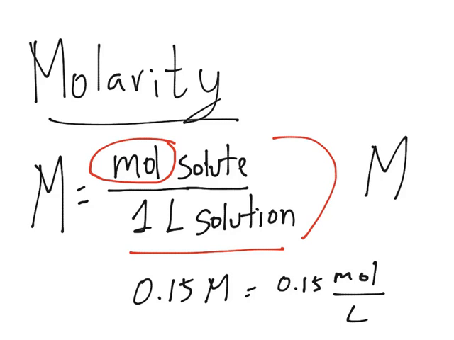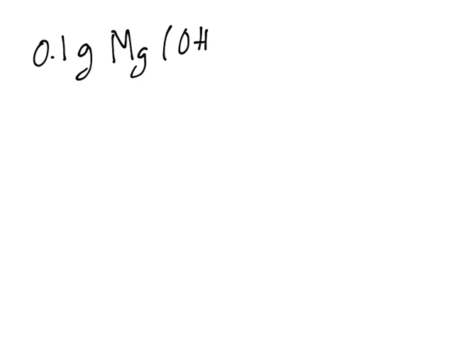So let's solve a stoichiometry problem using molarity as the conversion factor. The problem says you have 0.1 grams of magnesium hydroxide, written as Mg(OH)2.